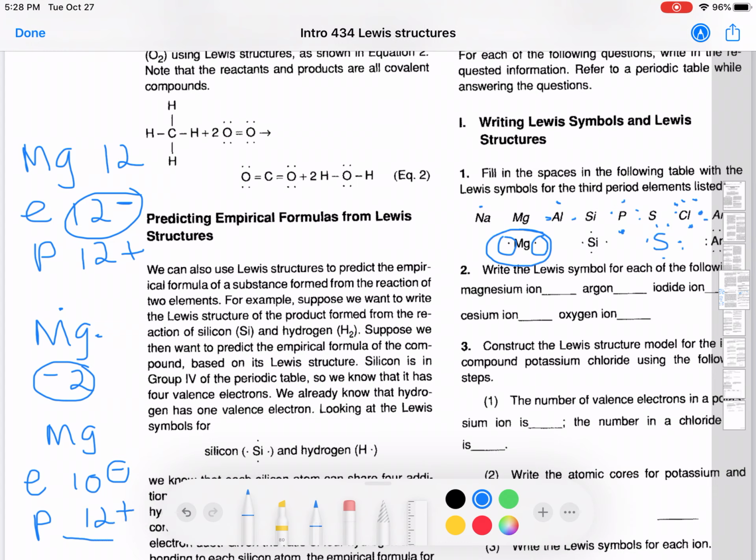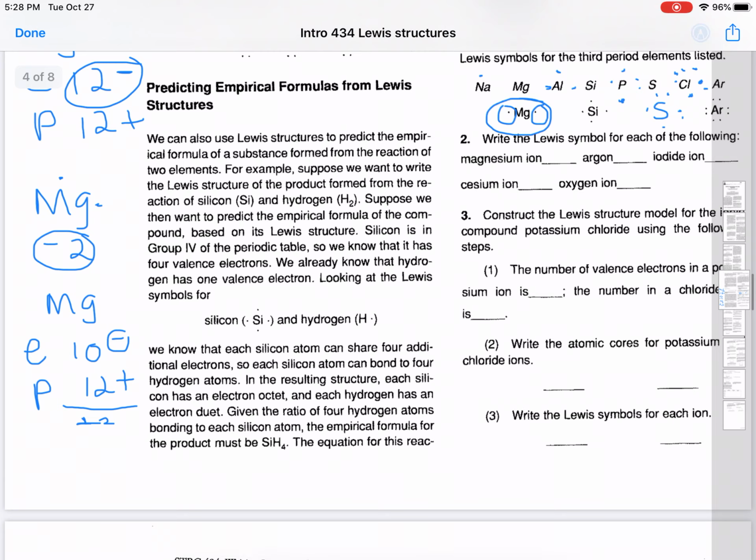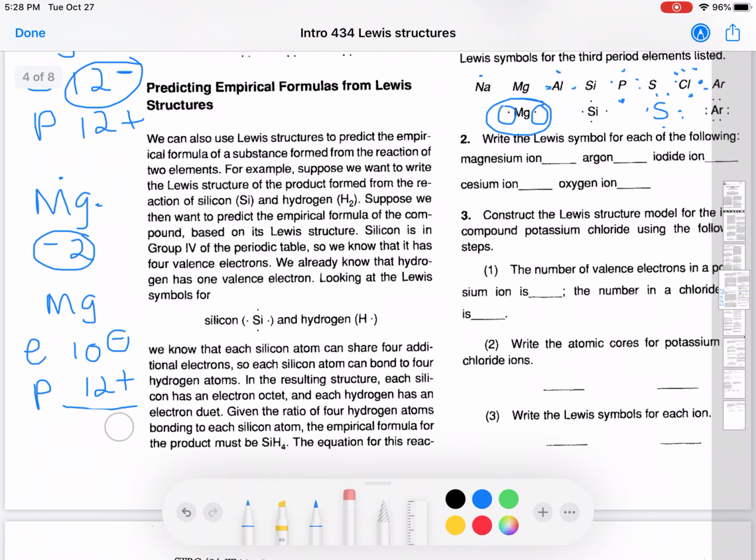Now what's the difference? 12 plus negative 10 gives magnesium a +2 charge. So by losing 2 valence electrons, magnesium will have an overall charge of +2, because now it has only 10 electrons and 12 protons. 12 minus 10, +2.